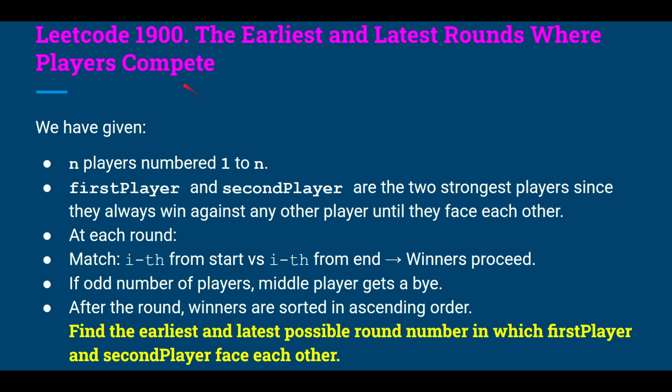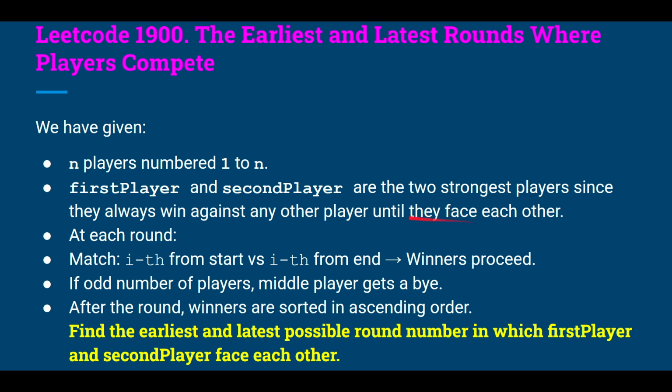If we summarize this problem, we are given n players, numbered from 1 to n. The first player and the second player are the two strongest players in the tournament, since they always win against any other player until they face each other.